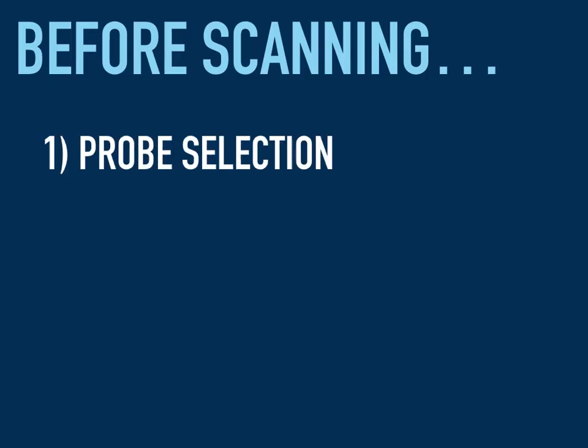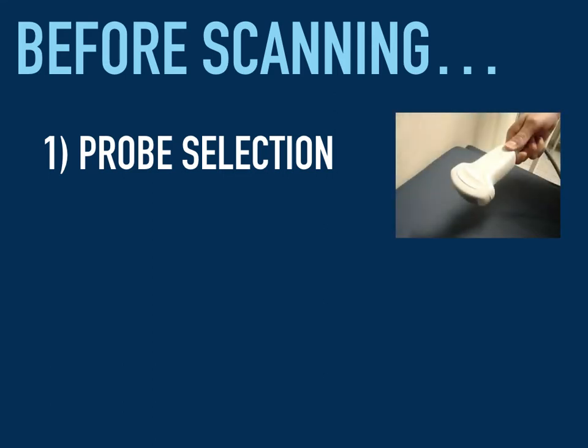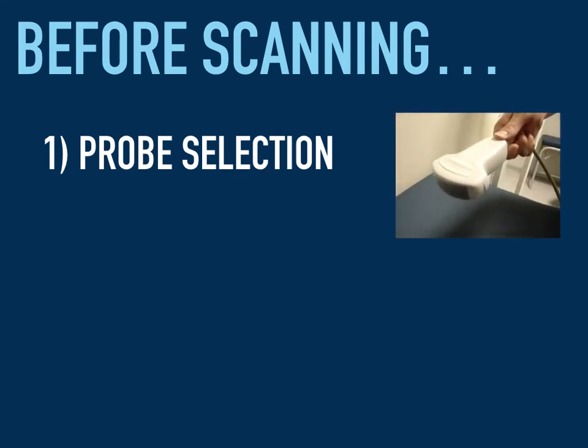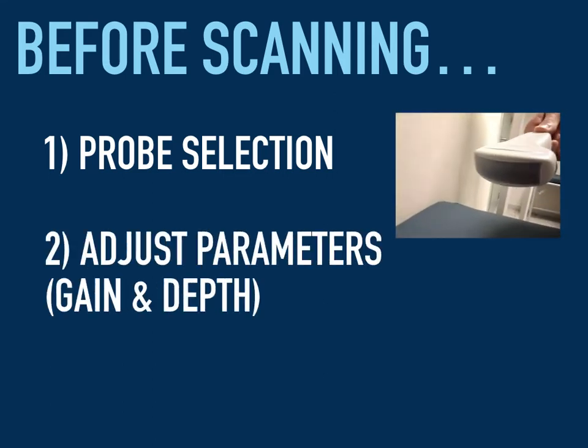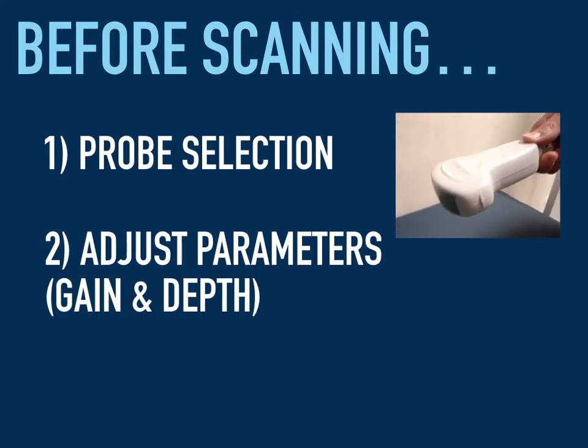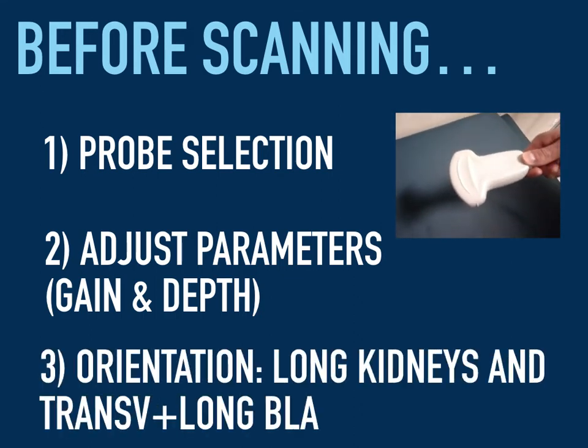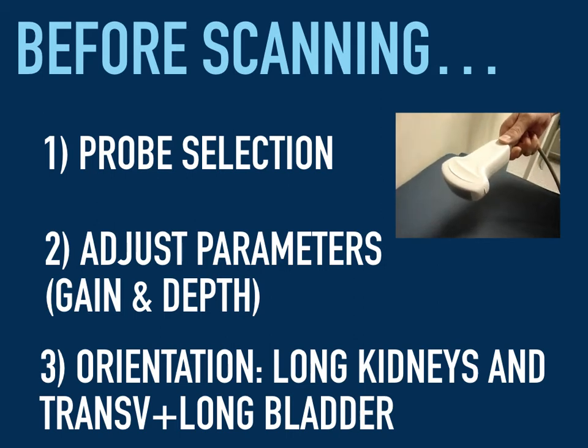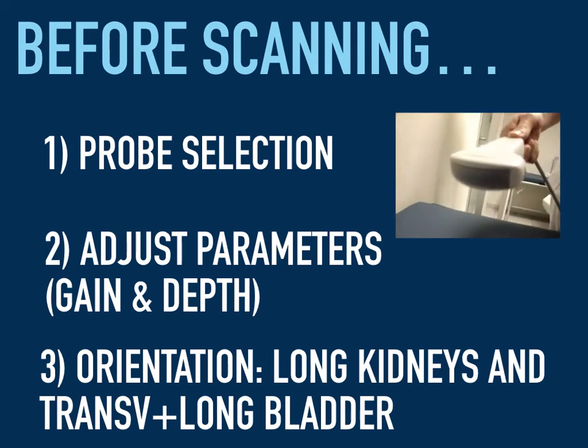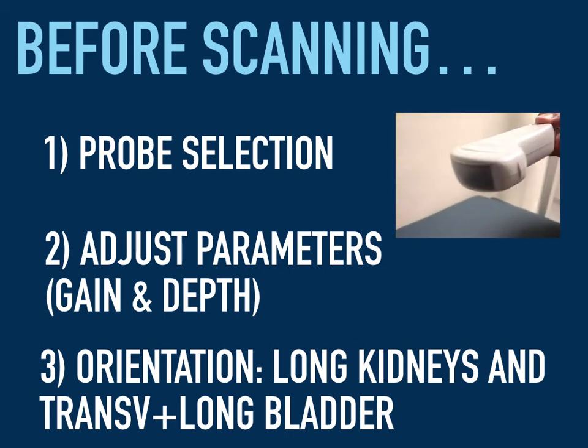The probe selection, as always in the abdomen, should be the curvilinear probe, and we just have to adjust parameters. For the orientation, we need to go to the most dependent areas in a patient in a supine position.